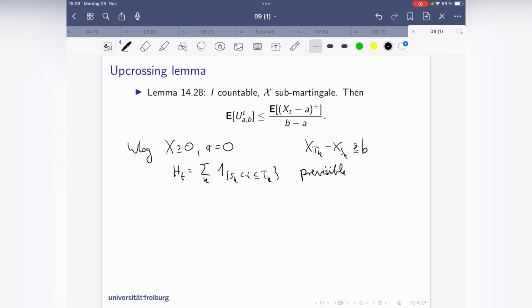Which means that ht is ft minus 1 measurable, because by time t I know which of these things happened by time t minus 1.